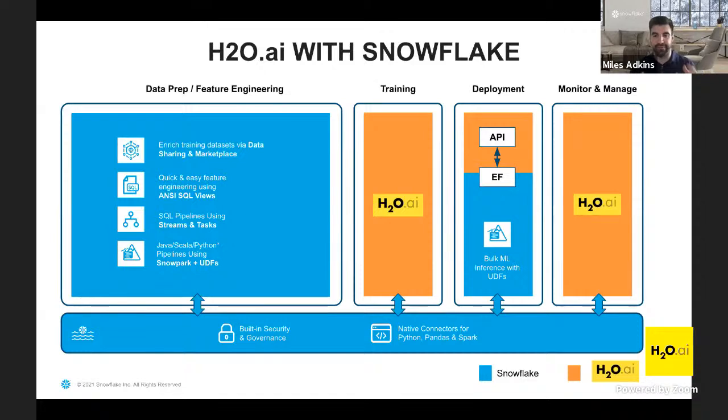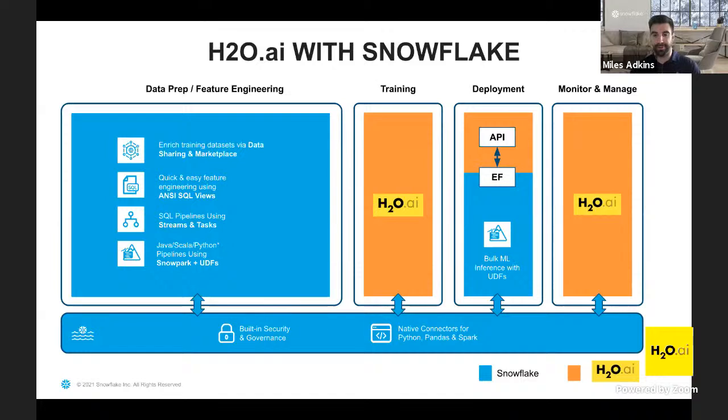And with that, you get to leverage Snowflake's unlimited scale up and scale out capability. So whether you're scoring 20,000 rows or 20 million rows, you can get the compute capacity that you need to make that an efficient job.